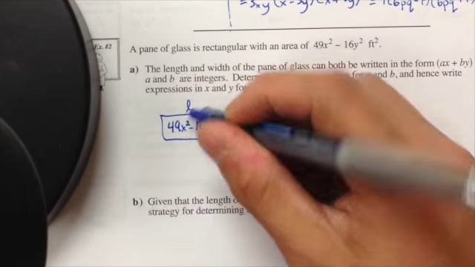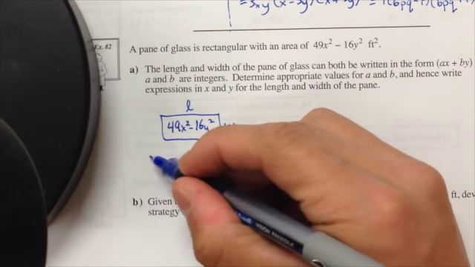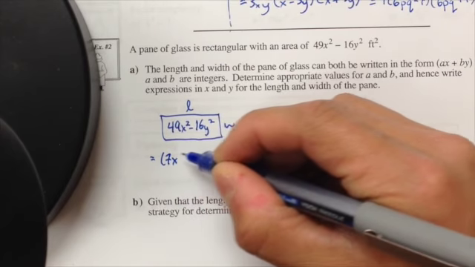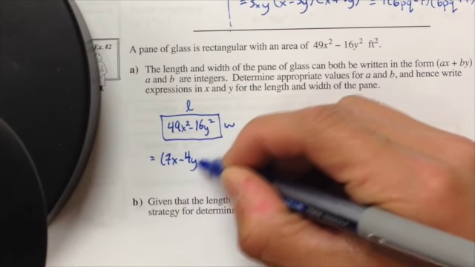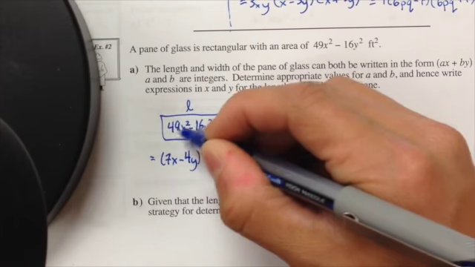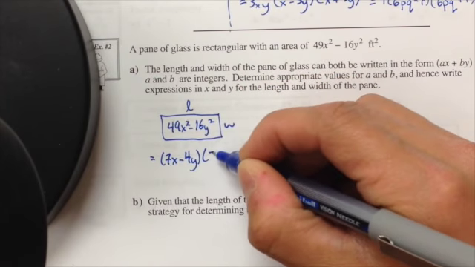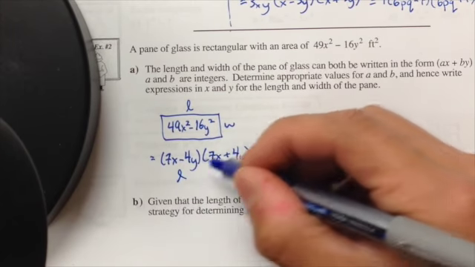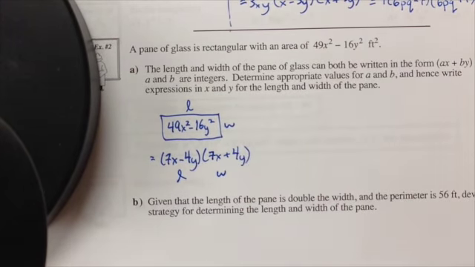And so if we were to factor 49x squared minus 16y squared, then our factors are going to be 7x minus 4y, because I took the square root of both of those, times 7x plus 4y, which will be my length and my width.